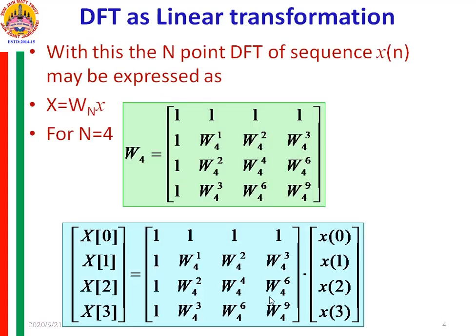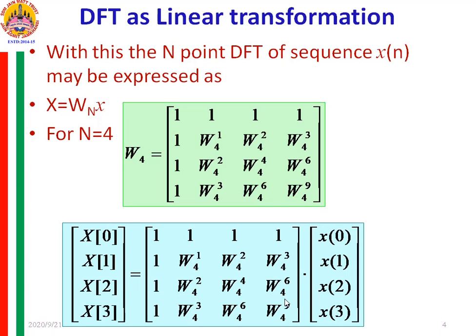Now let me go back, see here. If you observe this N cross N matrix of W, you observe that the twiddle factor forms vary from W raised to 0 to W raised to 9, 4. But all these twiddle factors are not necessary to evaluate or compute, because they are complex values.